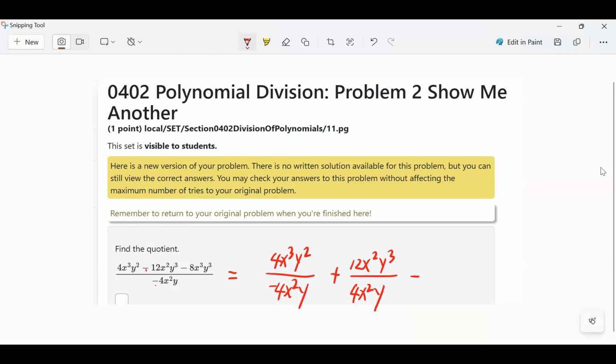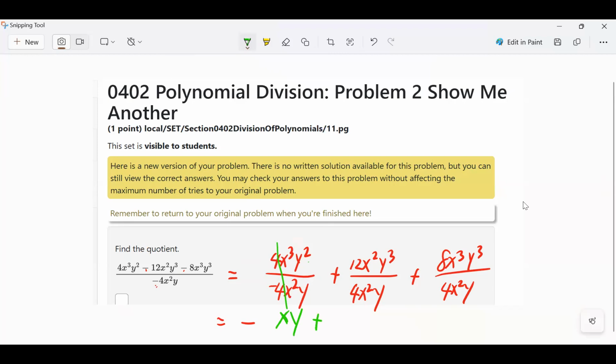And the third one, same thing, negative negative becomes positive, so ax cubed y cubed over 4x squared y. Now from there, we're going to simplify. This is plus minus minus. The 4 gets cancelled. X cubed over x squared is x on top, and y squared over y is 1. So it's minus xy.